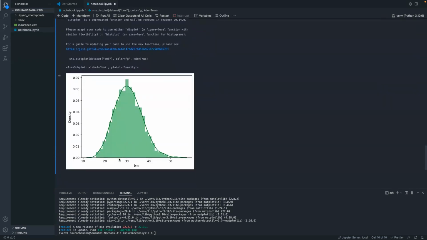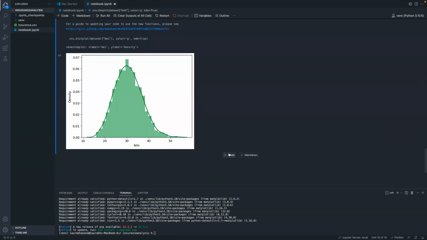For BMI, we get a perfectly normal distribution, a very good looking curve. We can see the average BMI is about 30. I don't know what the BMI definition is for normal people, so I would also like to explore this feature. For people with BMI greater than or less than this mean value, what are the charges for them? Probably try to explore that question as well.